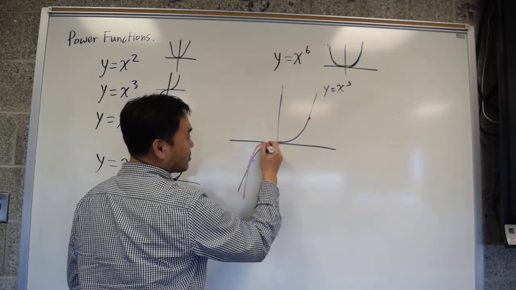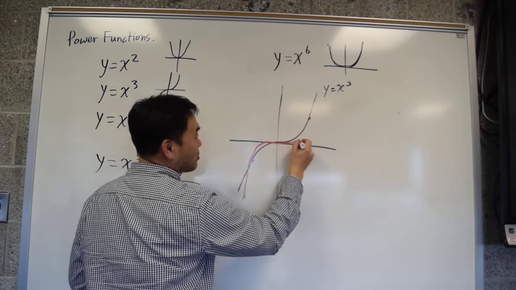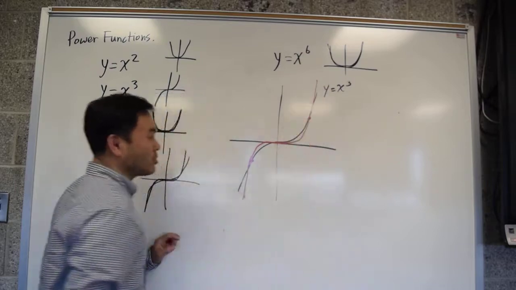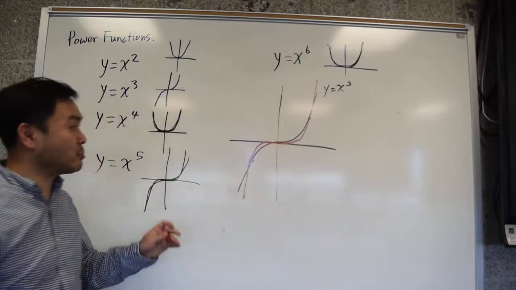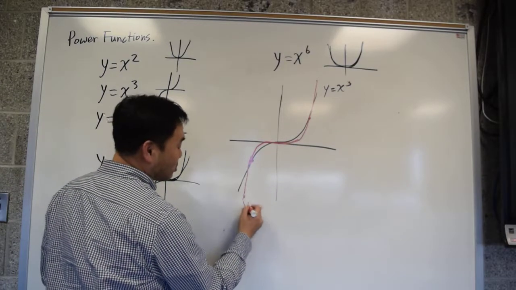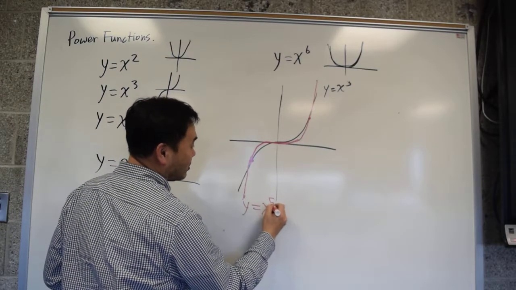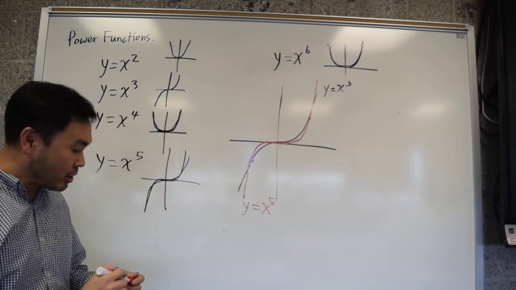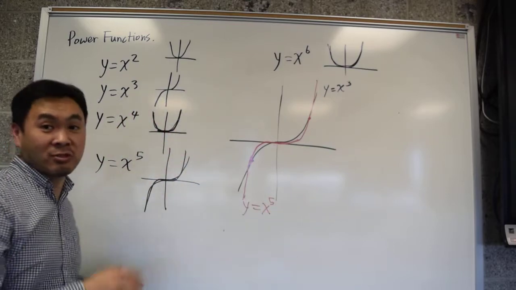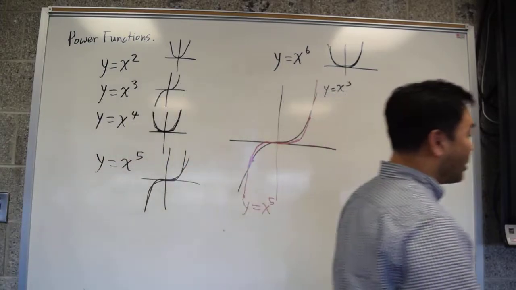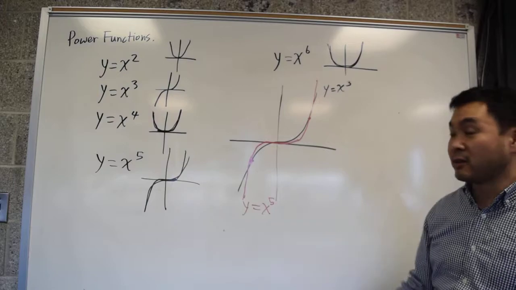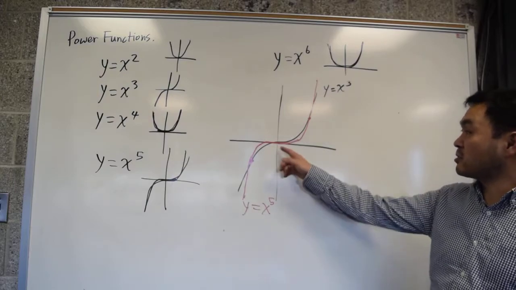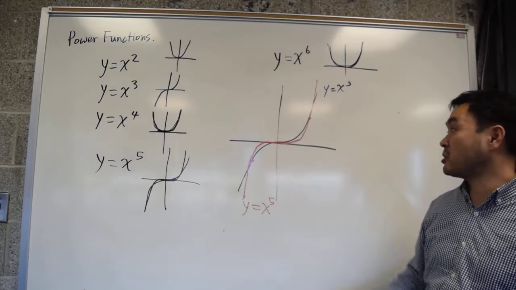And then it's going to hit the 0 before, and then it's going to go like that. So it stays near the x-axis more. Okay, so this is your y equals x to the fifth. And again, if you draw the graph of x to the seventh, eighth, and all that, these all look like this. Just the difference is their flatness in the middle.